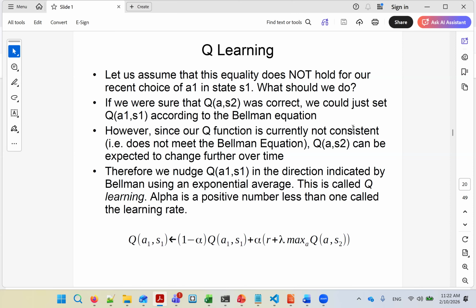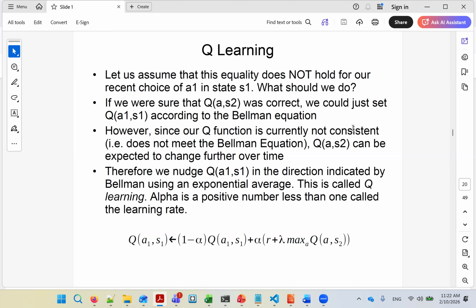The Bellman equation, though, you'll notice it's not an update equation, it's not an algorithm. What we want is to be able to actually estimate Q from our experience in our simulated world, taking actions, seeing states go by, receiving rewards. So we still have more work to do.